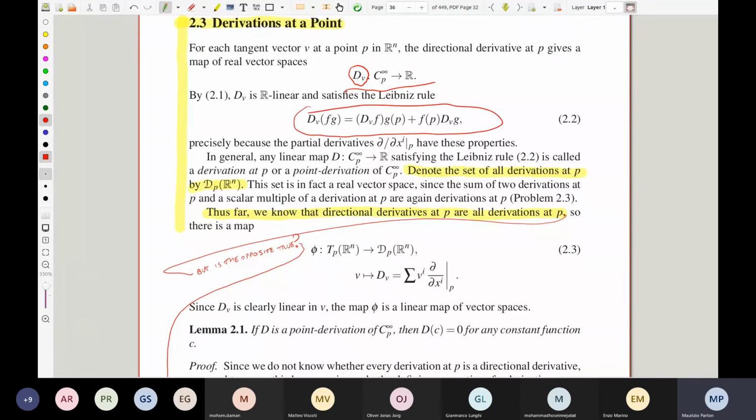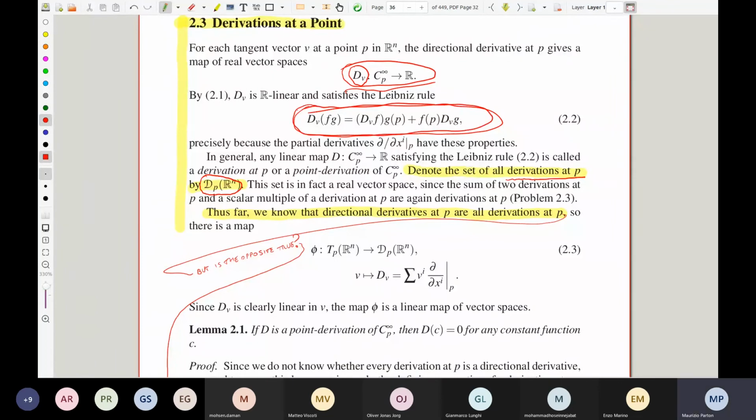Trust me, you can verify it, but of course, this is the derivative formula you already know for functions of one variable, and it works also for the directional derivative in a specific direction. So from this moment, since we are interested in this kind of objects, we give it a name and a symbol. So the derivations at P are the maps this way, satisfying this property.